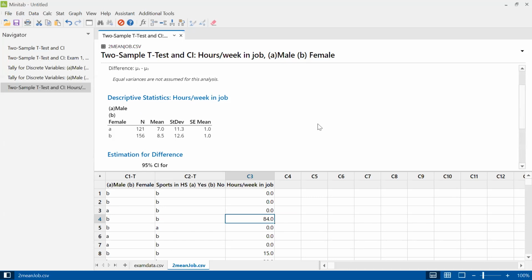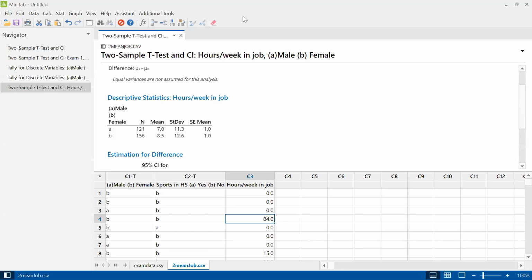We just happen to have a bunch of females who worked a lot of hours that pulled up the average. If we wanted to know if there was really a difference, we'd use a bigger sample, or maybe it's true that there's just not that much difference between males and females when it comes to how many hours they work while they're a student.